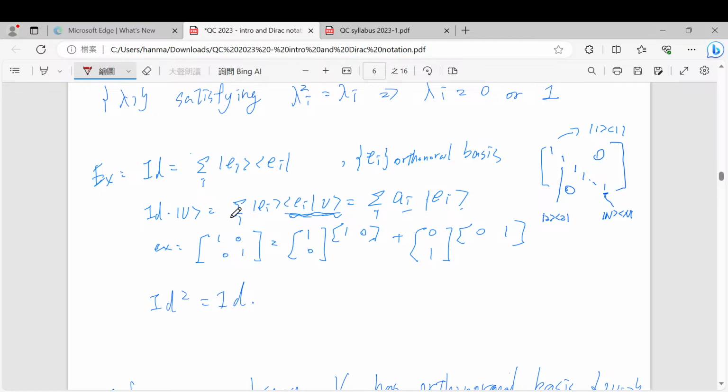You apply the identity matrix on some vector v, and then you will get the summation over i of ei times the bra of ei, which is your identity, applied on your vector v. Everything is linear, so you can pull this v into your summation.